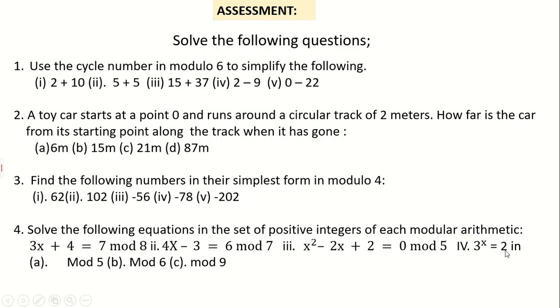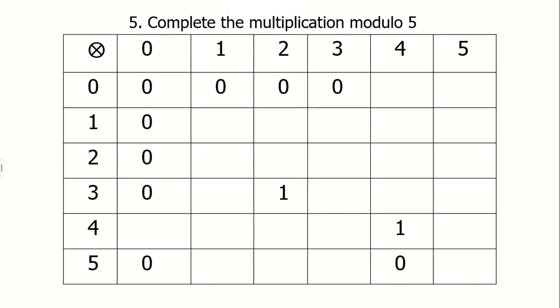This is the kind of one that I just did before. You can equally do this one in mod 5, in mod 6, and in mod 9 and get the right answer. I also have the last question here, which is a modular table, and you are meant to complete this. Don't forget the operator here is multiplication.